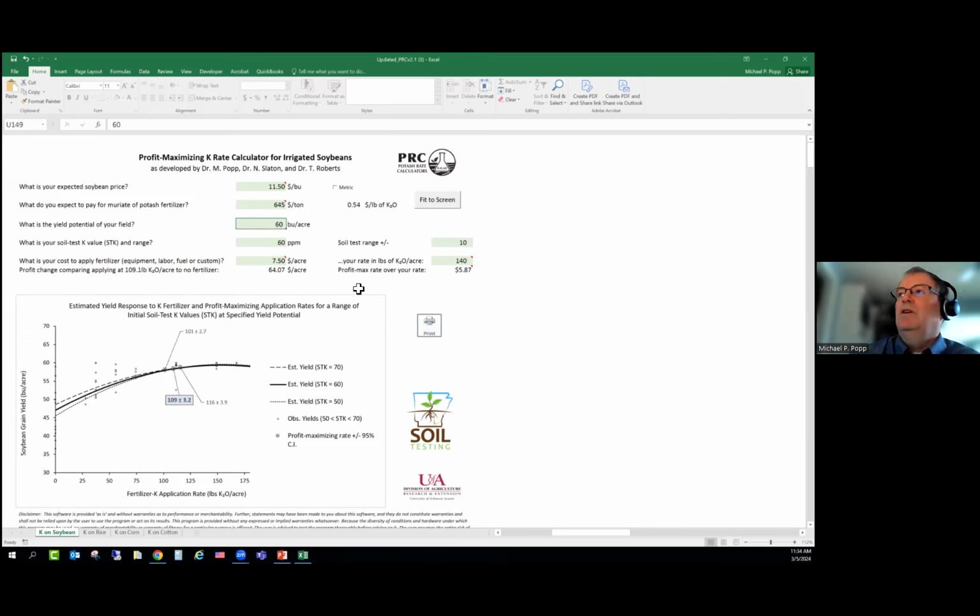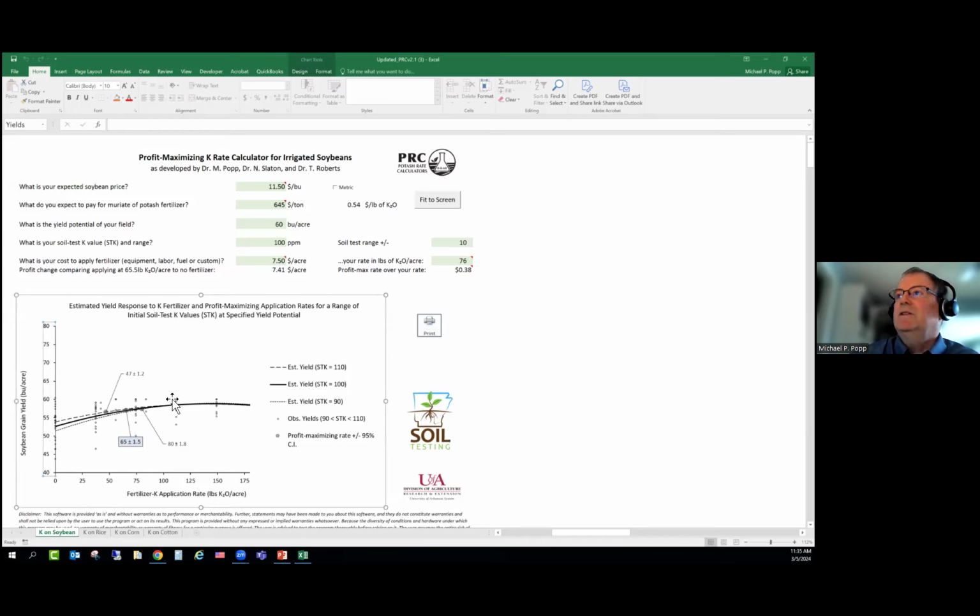And then in terms of soil test K variability within the field, we could also analyze what happens if you had portions of the field with higher soil test K. So we expect a flatter response curve, or yield response, and therefore lower fertilizer use. And sure enough, we're down to 65.